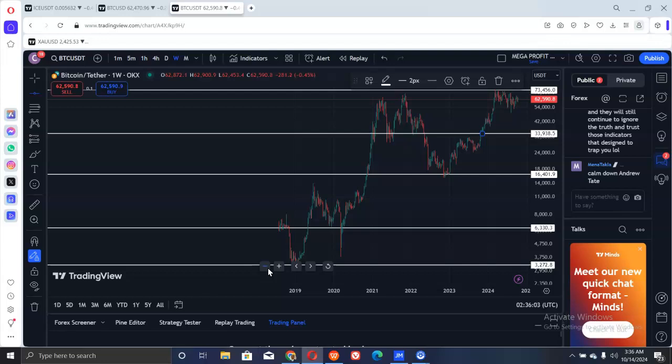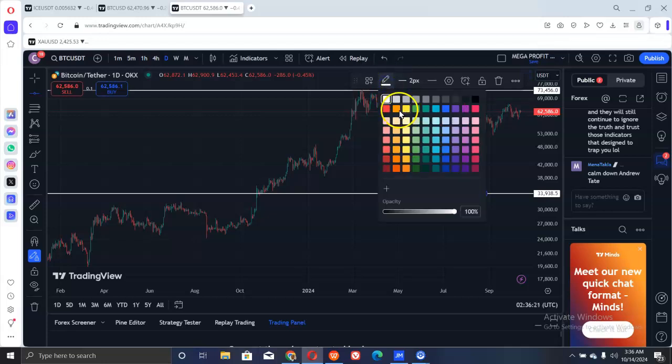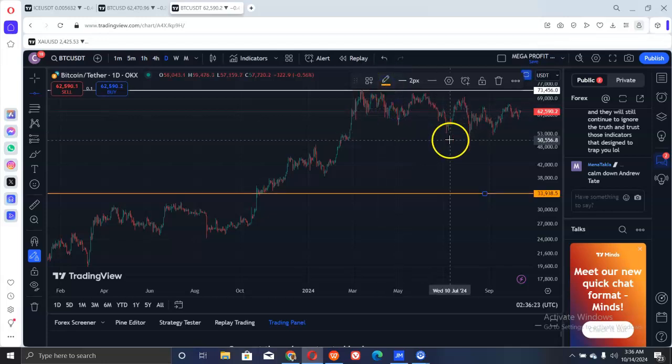You can see the chart is getting clearer. Now the areas of support and resistance are being marked. So the next thing you do is go to daily. In daily now, let's use yellow. So you can see there is a support here.